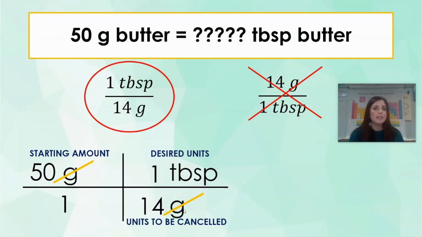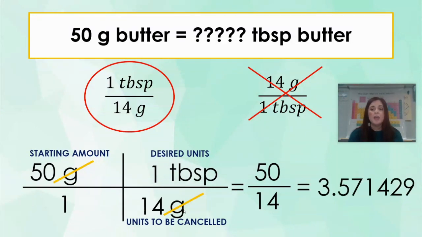Notice it's the exact same procedure every time. We're not doing something different every time. It's the same exact process. And this process is really what is so important for you to understand. And that's equal to, multiply whatever's on the top, I get 50, divided by whatever's on the bottom is 14. And we get 3.571429.